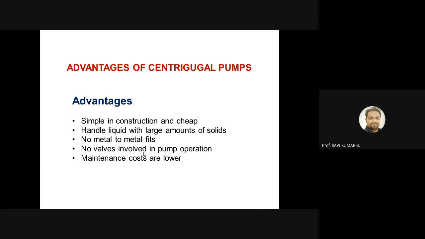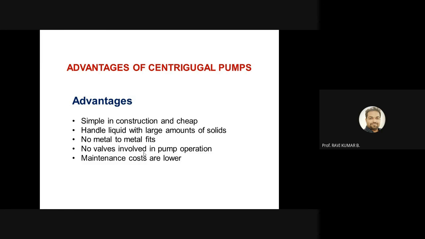That's a big limitation for the reciprocating pump. The second limitation is that as they involve a lot of valves, pressure relief valves and gauges, maintenance cost will be much higher in the case of the reciprocating pump. But in this case, as those are not present and everything is completely rotary, maintenance cost is lower.